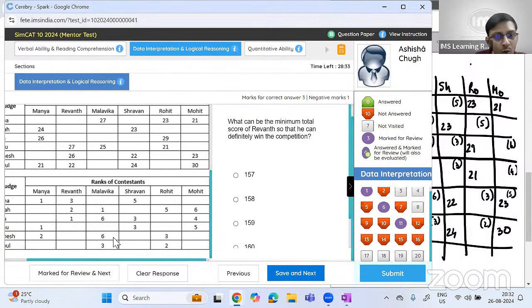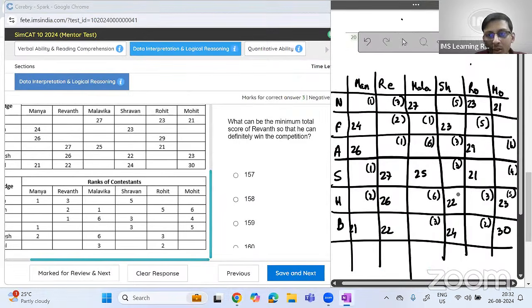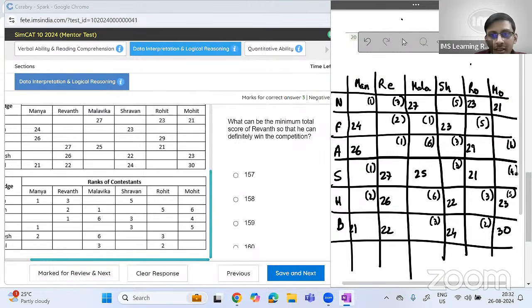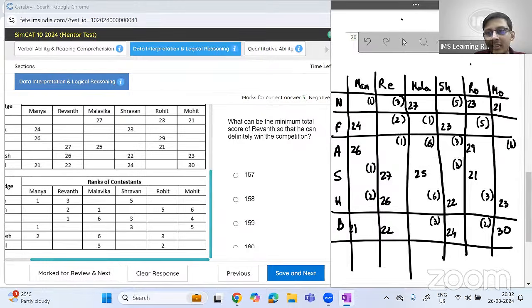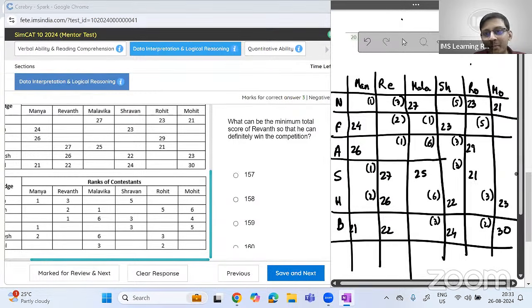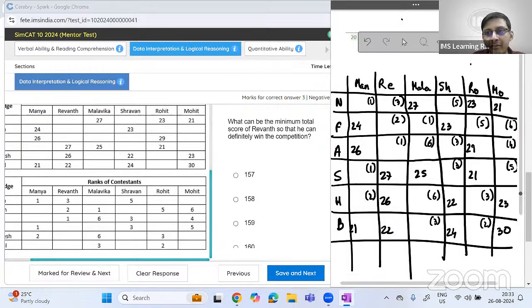I had ranks 2, 6, and 3 here. 2, 6, 3. 6, 4, 5. Okay. This was a mistake of noting down. See, again, it's because I'm not used to this digital rough work. 6, 4, 5 was here. This was rank 6. Rank 4, this was 5.